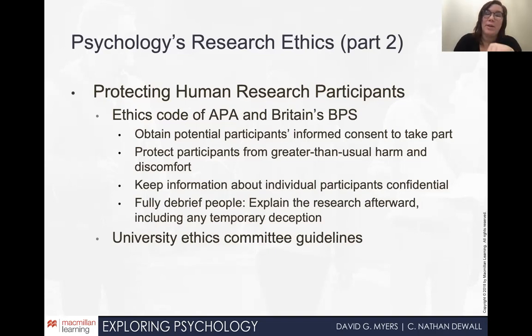Next is keeping information of individual participants confidential. And this is really, really important especially depending on what kind of research you're doing. So I, as well as Dr. Anderson, some of our background is in sexual health and sexual risk reduction research, where some of our studies would be asking participants to disclose their sexual behaviors.